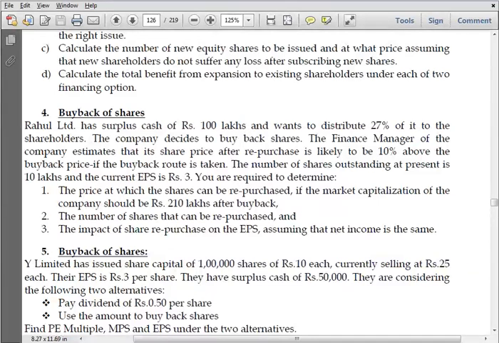Next point, post buyback market cap is available, and with the help of this, we can calculate buyback price and shares to be bought back.